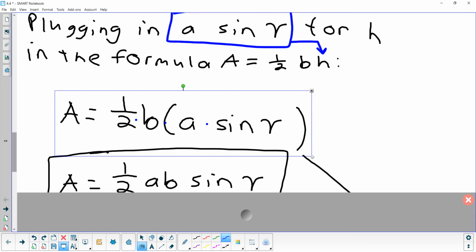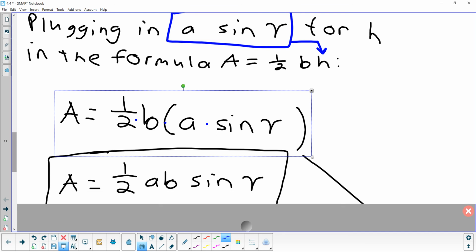So instead of saying 1/2 BA, let's say 1/2 AB. So there's a new formula for the area of the triangle, where the height is built right into that calculation. Any questions on that formula?